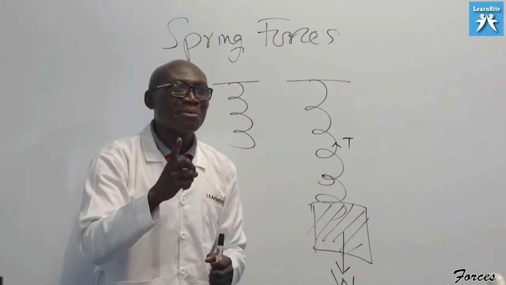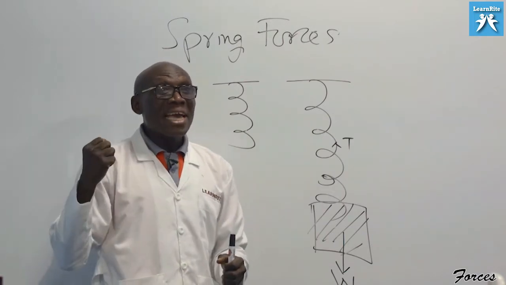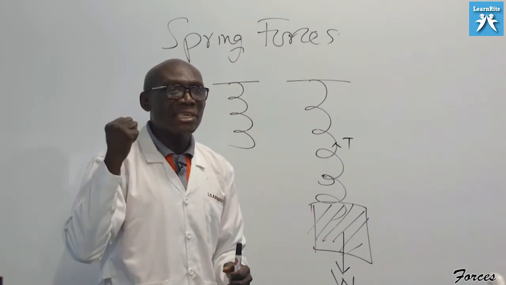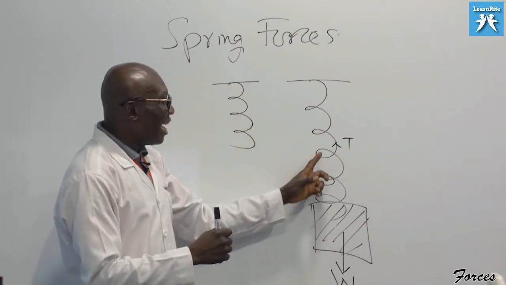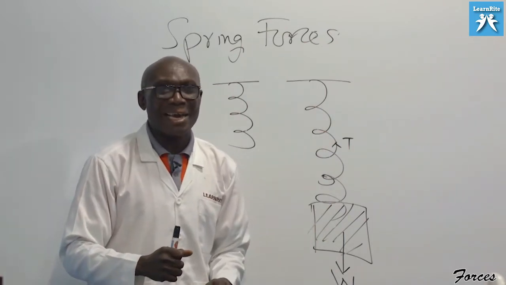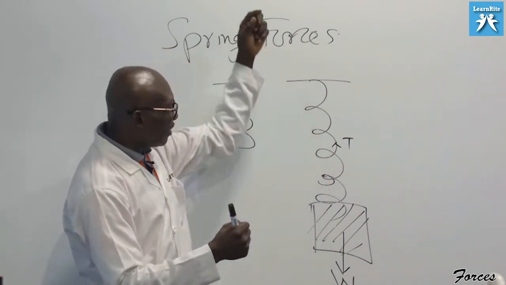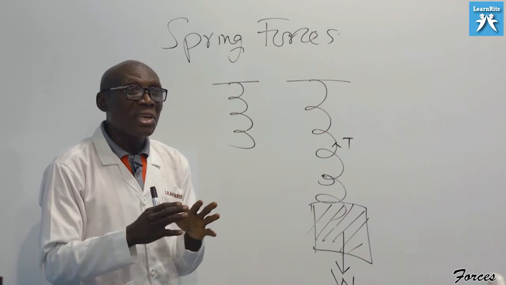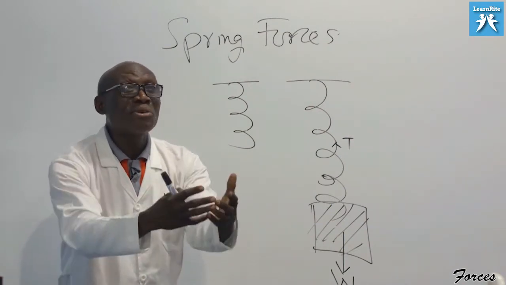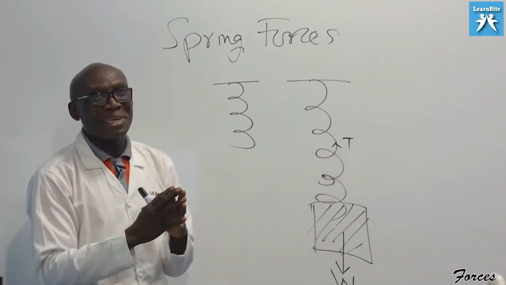It can never happen, because anytime there's an action, there's always a reaction. So when this weight exerts a force to stretch it, the spring will fight back. And the force that this spring will also exert on this body is what we are calling spring force. When you delve deep into it, it is simply talking about the tension in the spring.